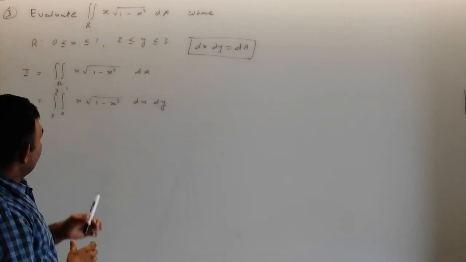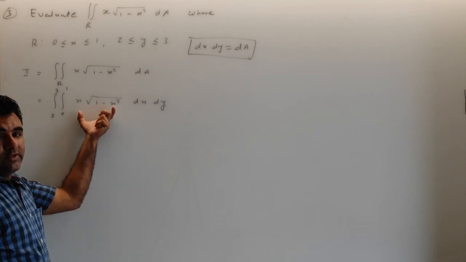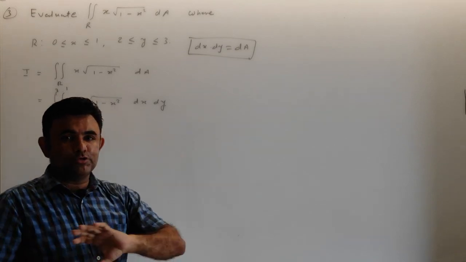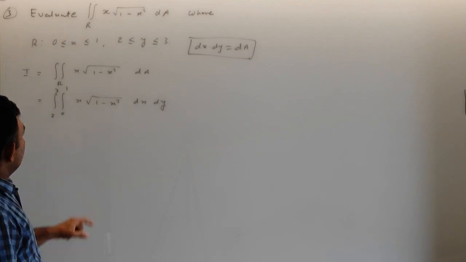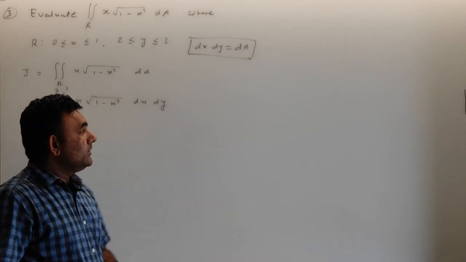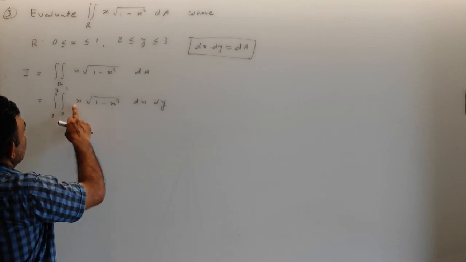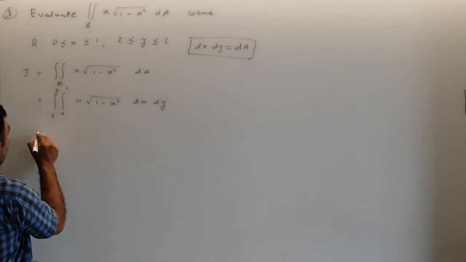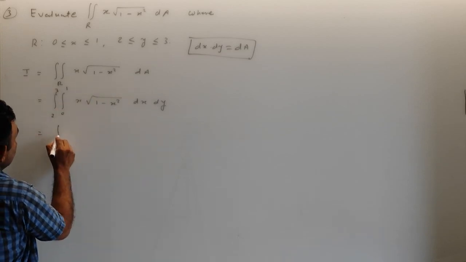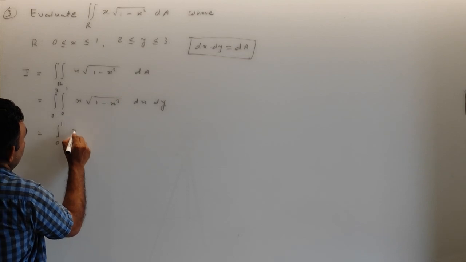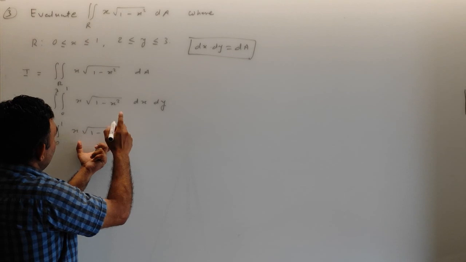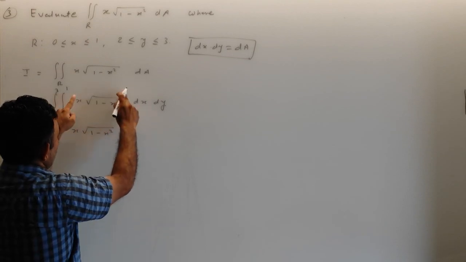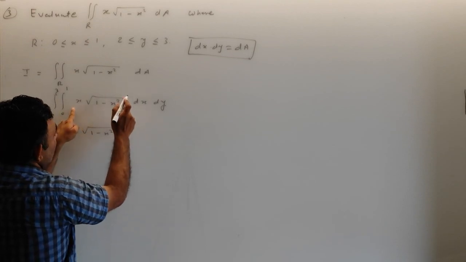Here the integrand is only a function of x, there is no term in y. So let us first integrate with respect to y, and then all this quantity is constant. So I have the integral from 0 to 1 of x under root 1 minus x square, which is constant, into 1.